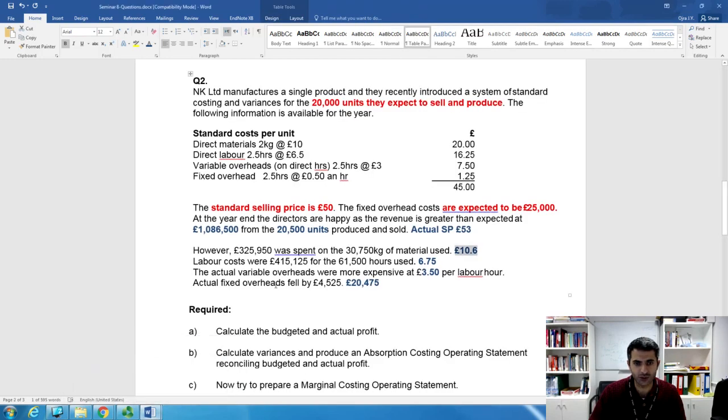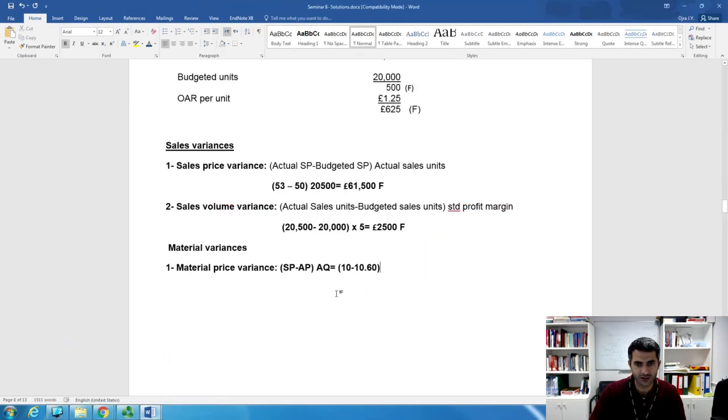So if you look at the actual quantity, it is 30,750. So if you do this, 10 minus 10.60, that's 0.6 times 30,750.